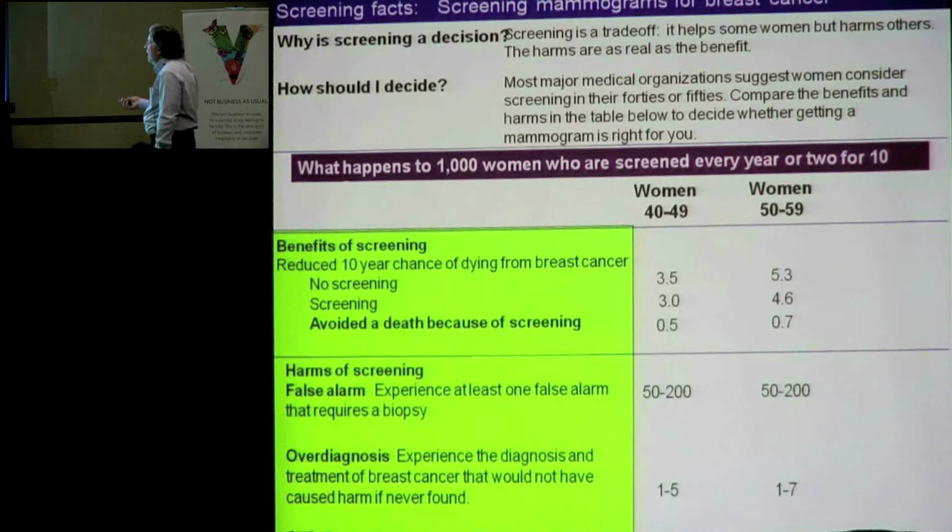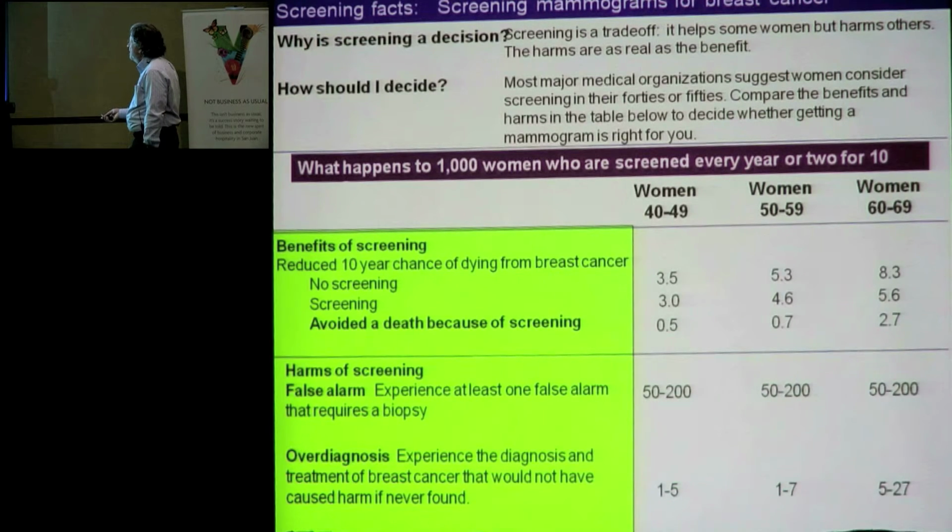In the 50-year age group, you can see the numbers are somewhat different. A slightly higher rate of benefit, the harms the same, and the overdiagnosis slightly larger. And in the 60 to 69 year group, the numbers bump up a little bit more.